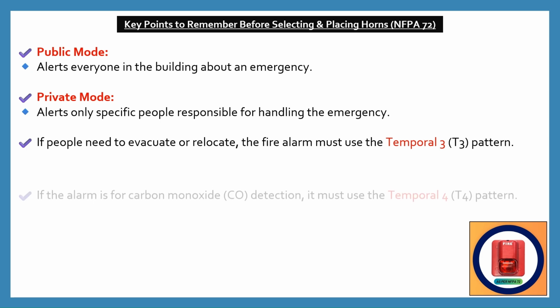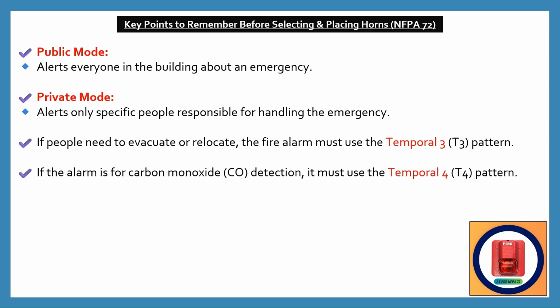If there is carbon monoxide detection in that particular area, such as in plants, the fire alarm horn shall use the temporal 4 pattern. Basically, the temporal 3 pattern and temporal 4 pattern tones are slightly different. You can just check on Google the temporal 3 and temporal 4 pattern difference.